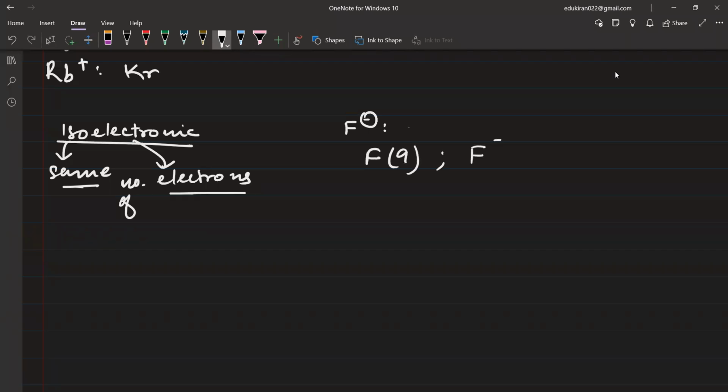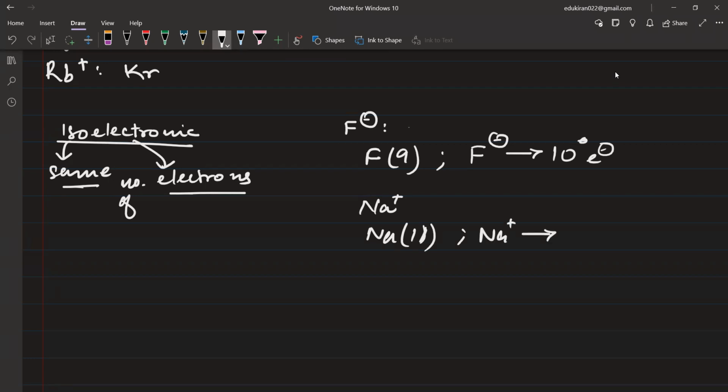That is why F negative will have how many electrons? 10 electrons. Similarly, let us say sodium positive. What is the atomic number of neutral sodium? 11. So sodium positive will have how many electrons? 10. Understood? So you can see fluorine negative and sodium positive, both of these are isoelectronic. Correct?